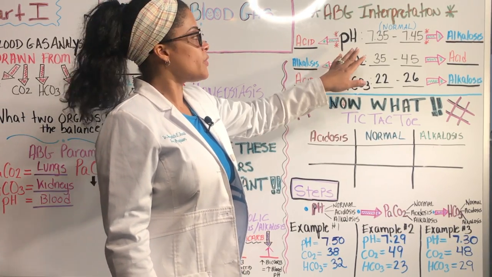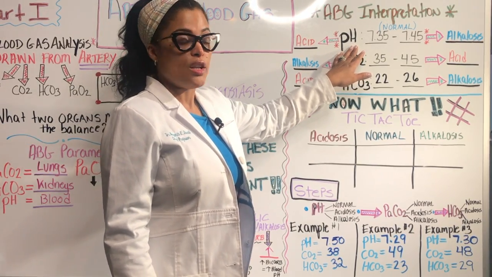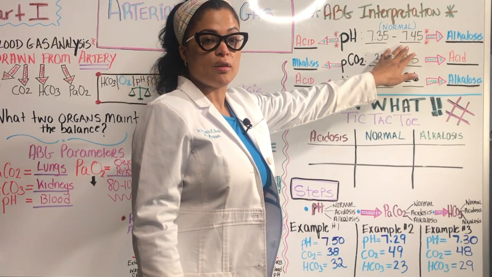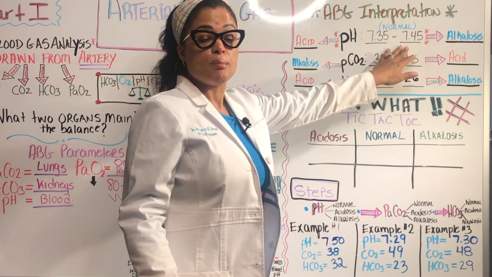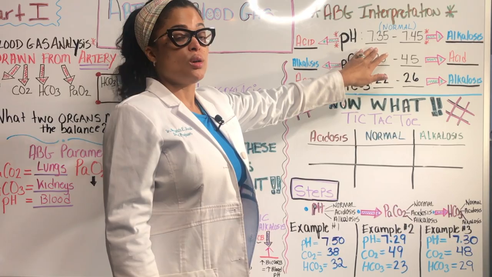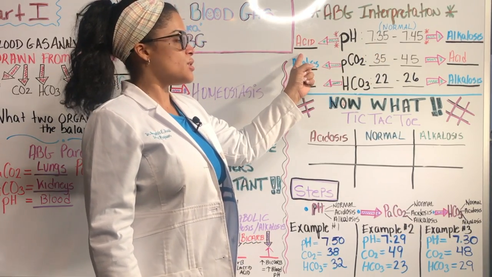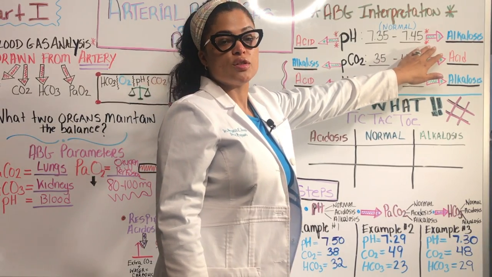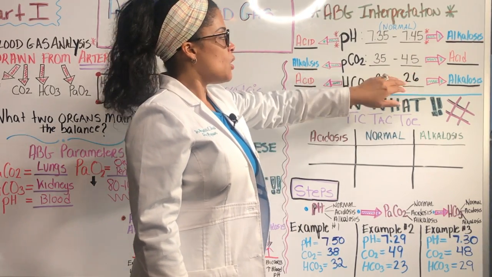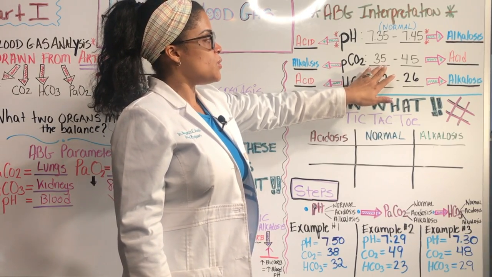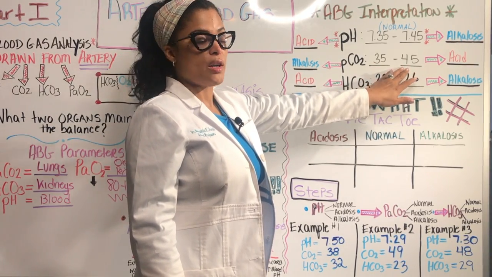For example, the pH range is 7.35 to 7.45. So the pH in your blood must always be within this normal range. Anything below 7.35 is considered acidic. Anything above 7.45 is considered alkalosis. When looking at the CO2 level, you have to be between 35 and 45.